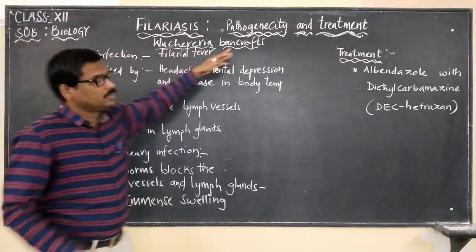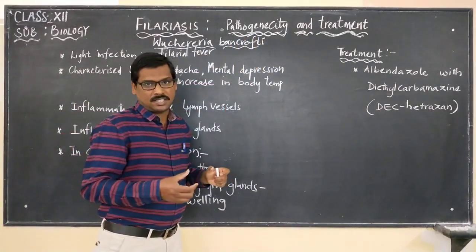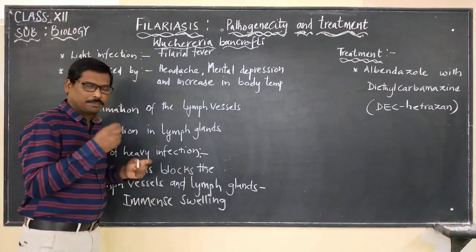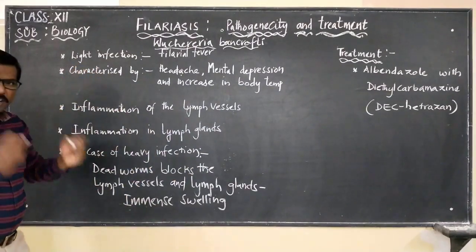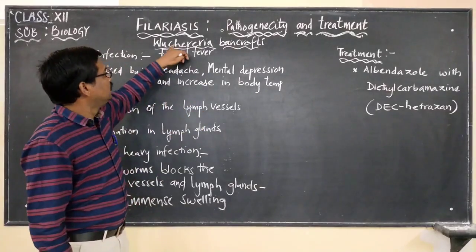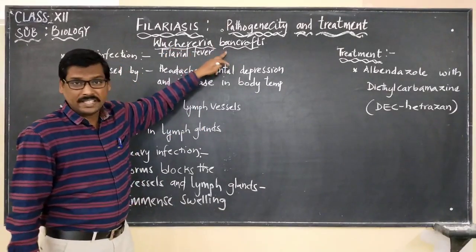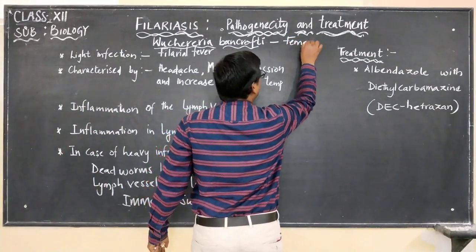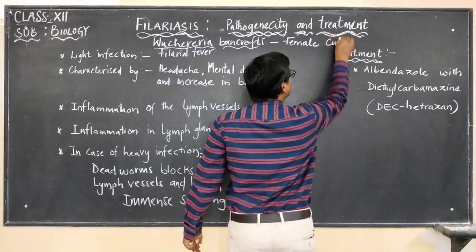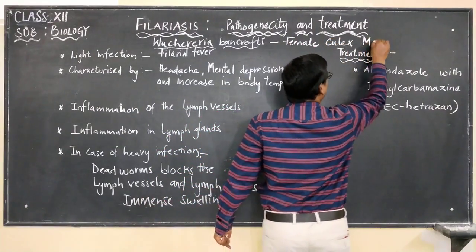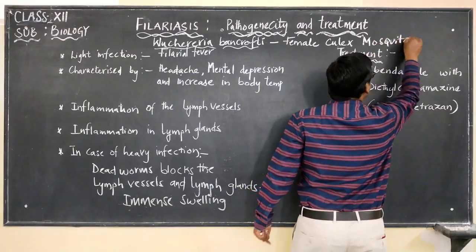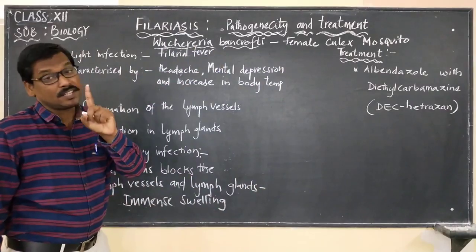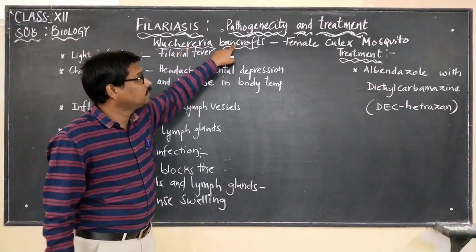Now, let us discuss the pathogenicity, how it is affecting this particular disease. In the very beginning, as we said, Wuchereria bancrofti is carried by a vector called the female Culex mosquito. When this mosquito carries the worm in its third stage, what is the infective stage of Wuchereria bancrofti?